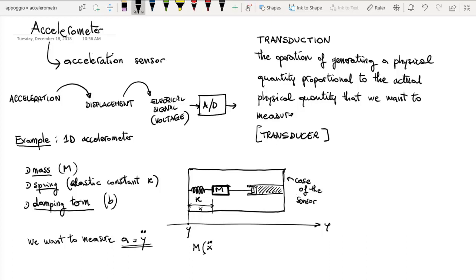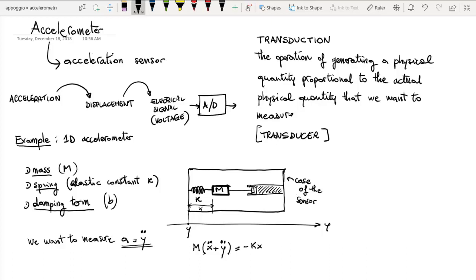So the acceleration is the second derivative of x plus the second derivative of y, is equal to the total force acting on the mass. And the total force acting on the mass is the force of the spring, which is proportional to the elastic constant and to the extension of the spring. So it's k times x, and it's moving the mass towards negative y in this direction. Okay, so it's minus here.